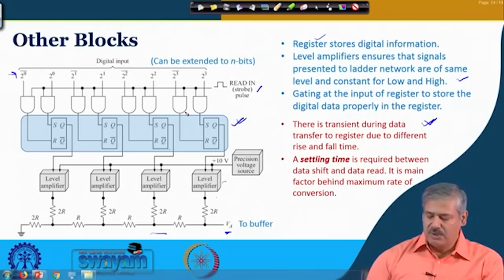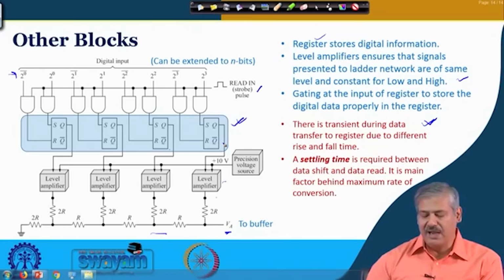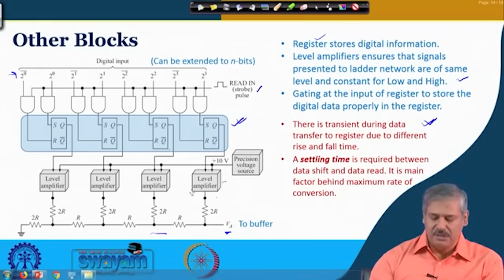Now, a settling time is required between data shift and data read for this particular register of flip flops. And once it settles, conversion is done, and then you can read another data.